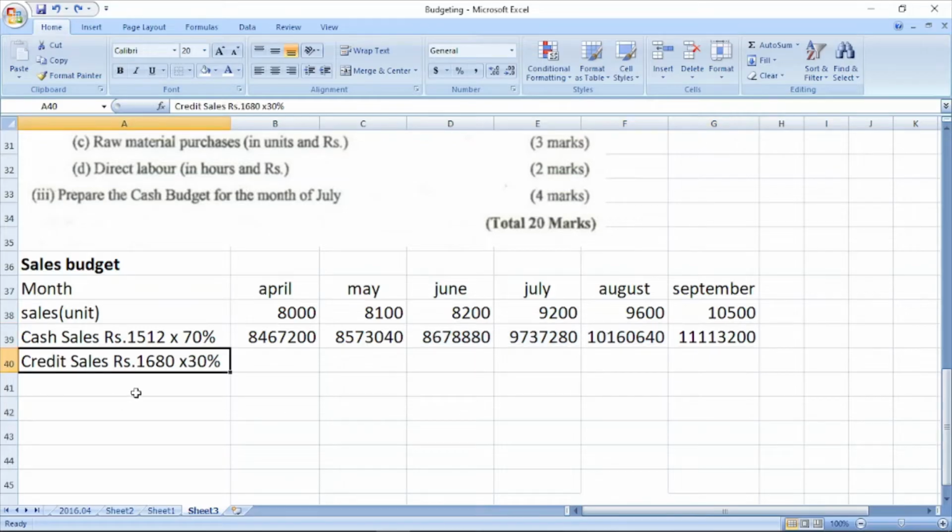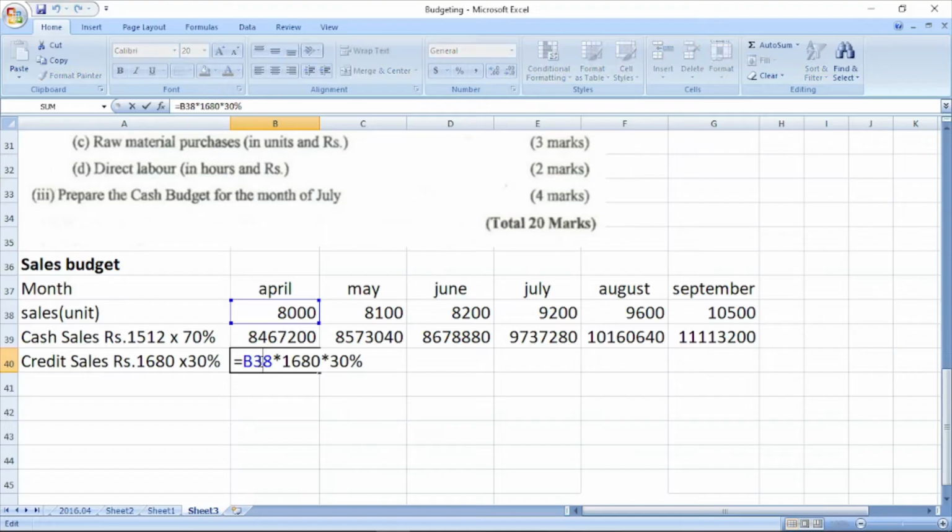Next, credit sales. Our credit sales price is 1680 and the rest of all sales are on credit. It is 100% minus 70%, which is 30%. So how do we get April? 8000, our sales units, into the sales price 1680 into 30%, we can get the answer.